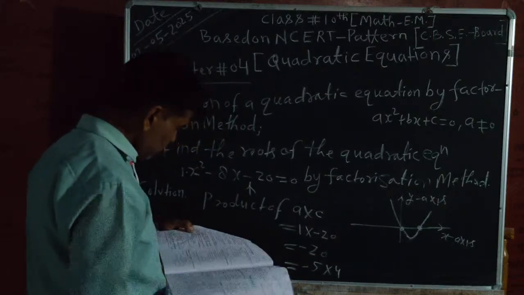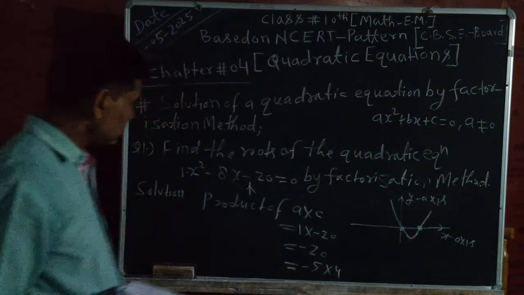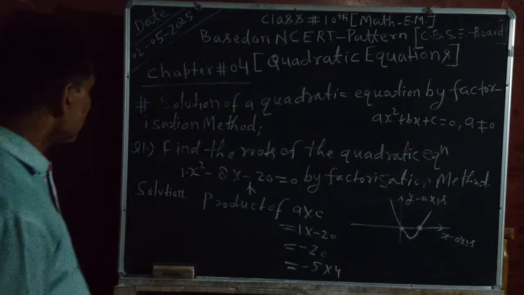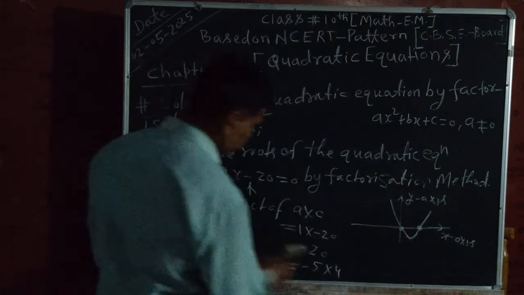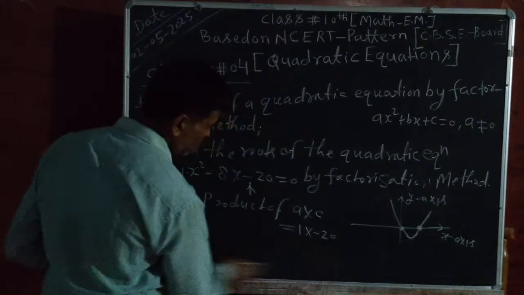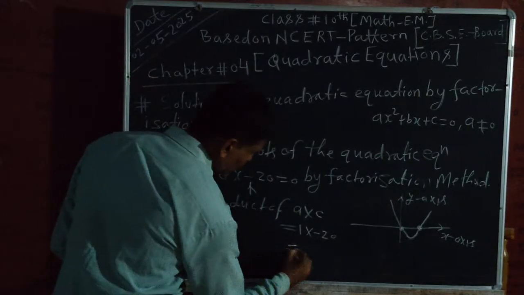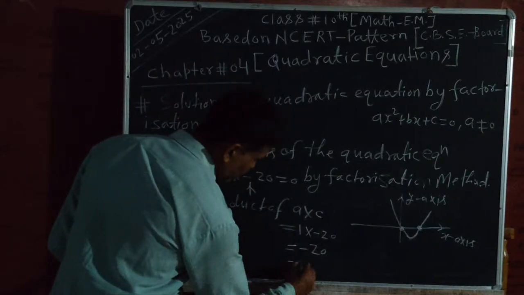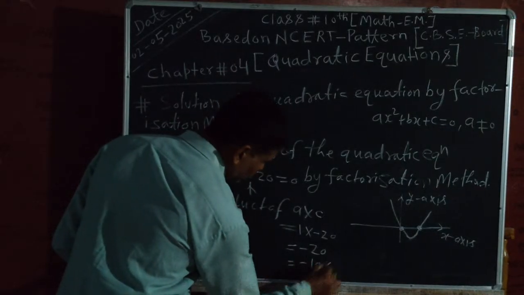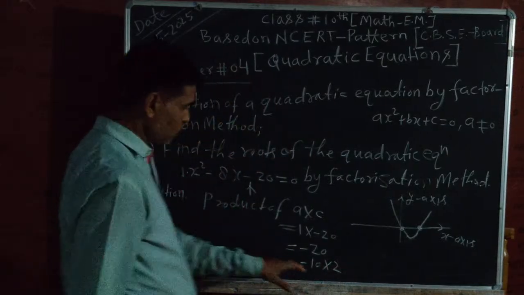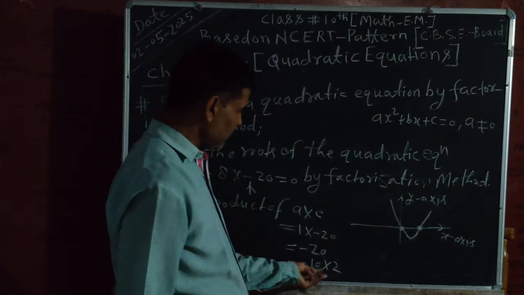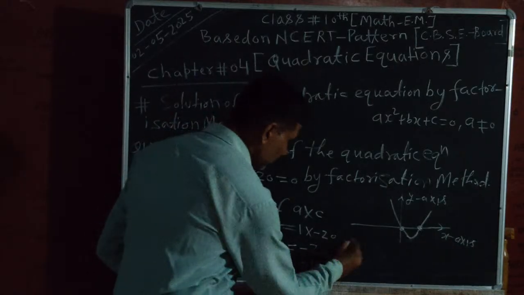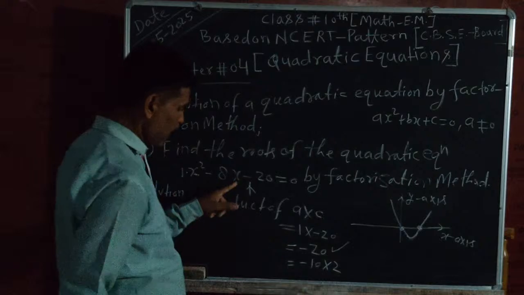So I will make another factor. Here I will say 20, and 20 I can write as 10 into 2. I will multiply 10 into 2, that will be the same 20. And here I will take minus, I will subtract.